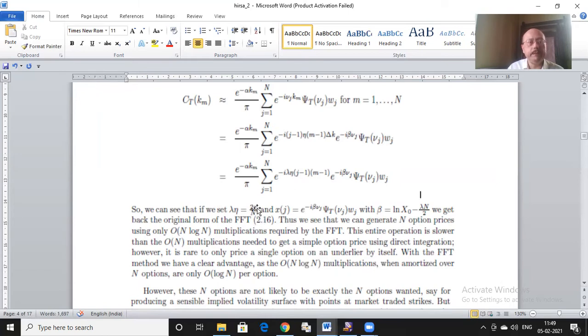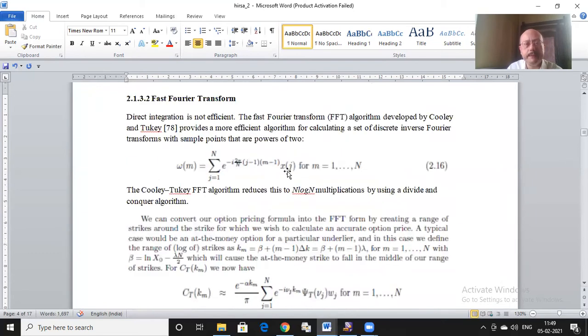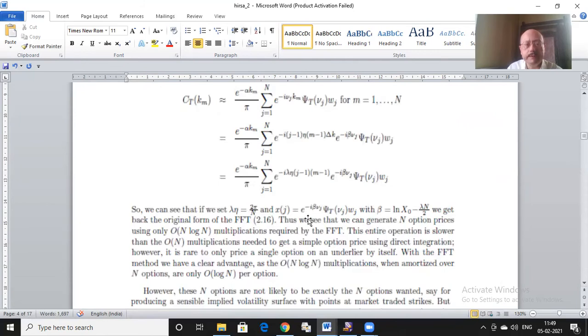If I put lambda eta equal to 2 pi by capital N, and the xj choices here in the fast Fourier transform I take as e to the power minus i beta nu j, psi t nu j, wj, this expression inside, and beta as before log x naught minus lambda n by 2, then we get back the original fast Fourier transform.